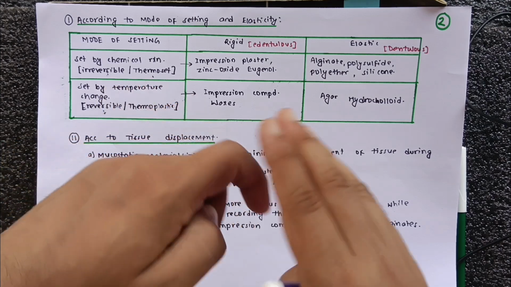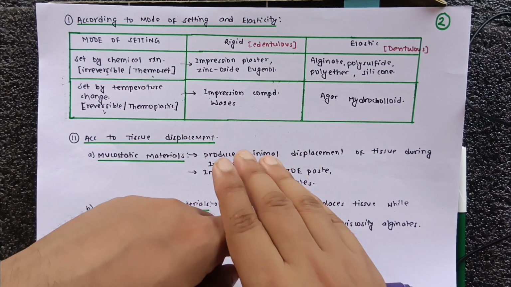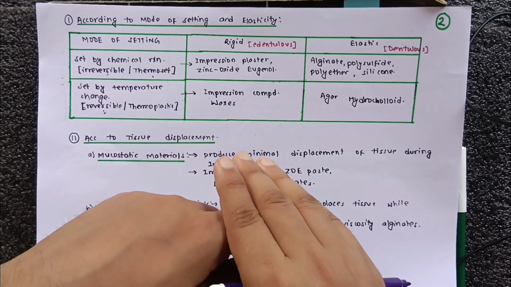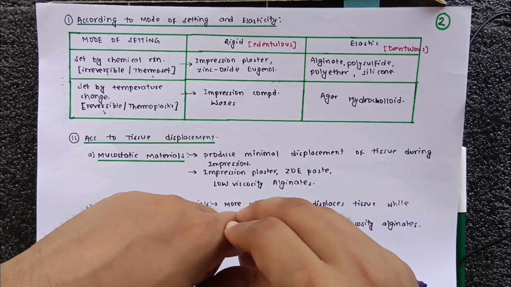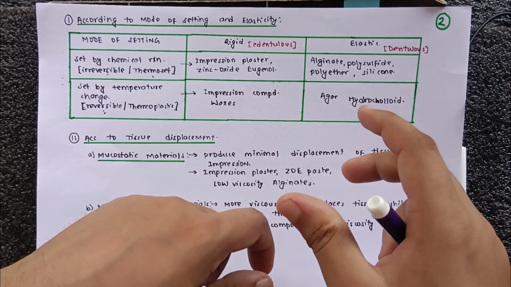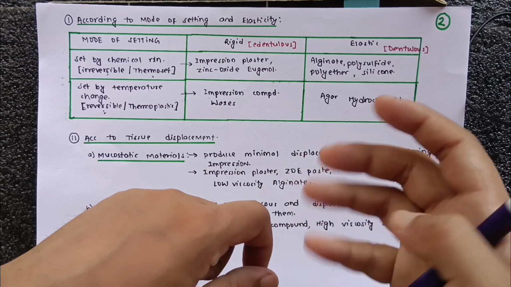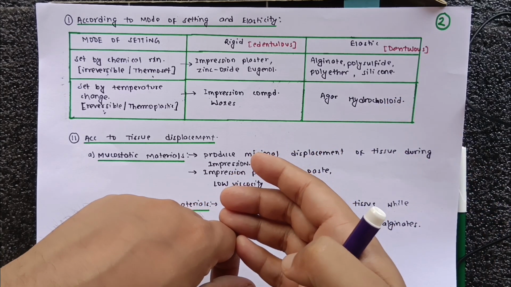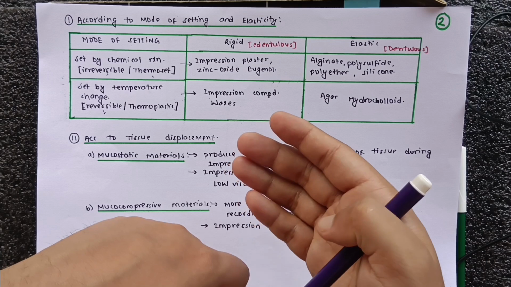Once the chemical reaction happens, it can't be changed back to the previous state. But in temperature change, after increasing or decreasing the temperature, there is a formation of the set structure, but when you take it back to the previous temperature, it will come back to the previous state. So that is the difference between those substances.